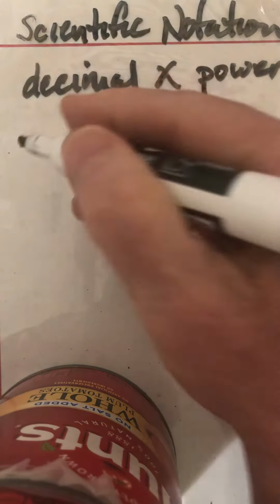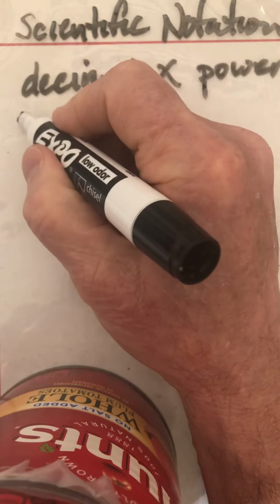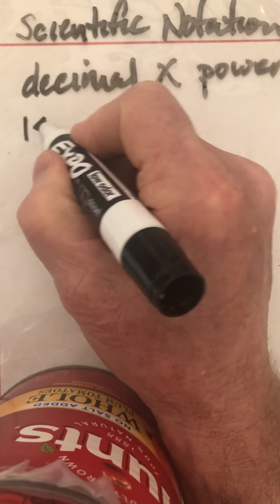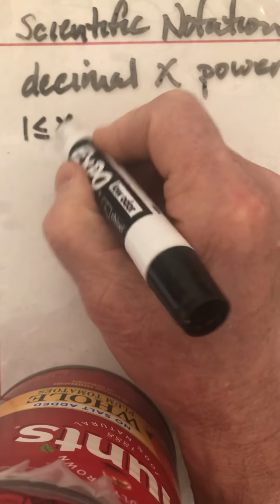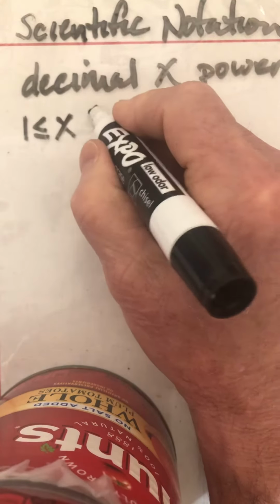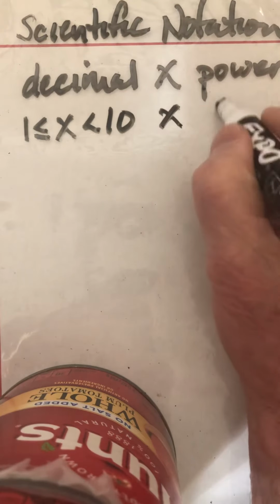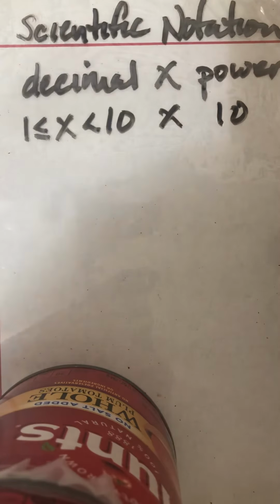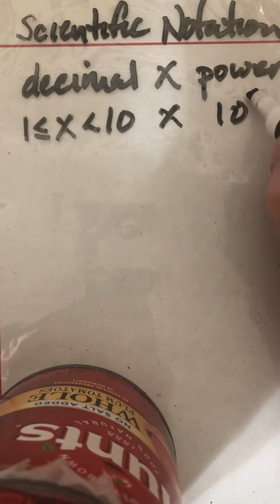Our decimal has to be greater than or equal to 1, and it has to be less than 10. And then our power is just 10 to whatever that power is.